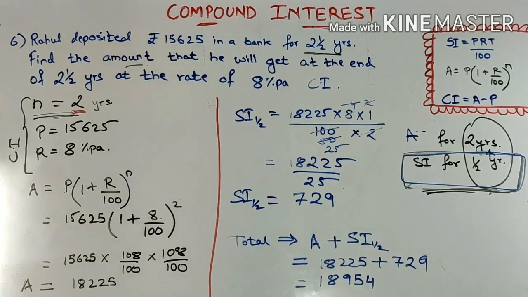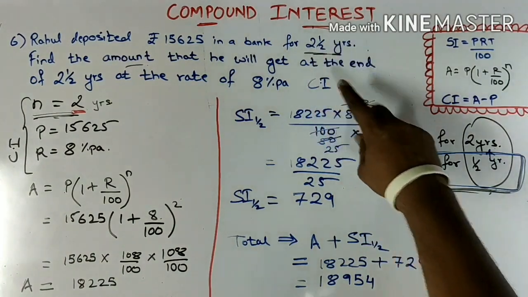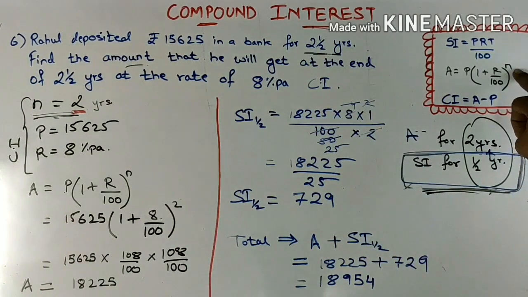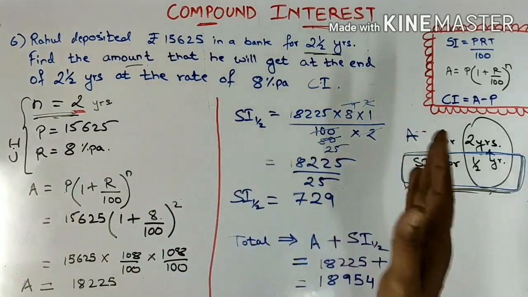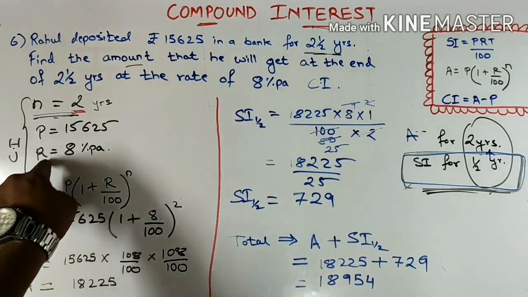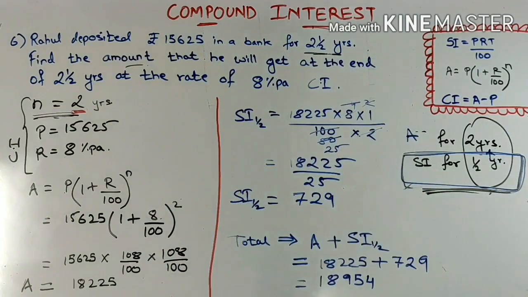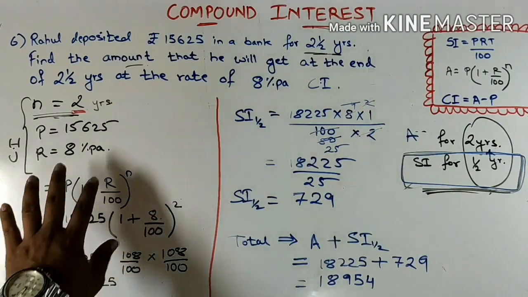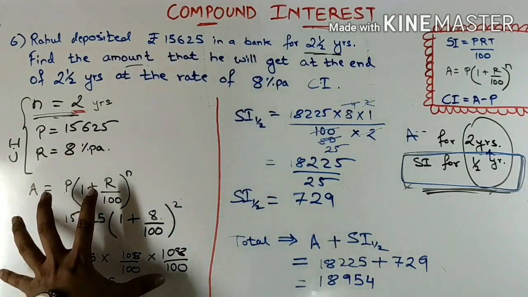Revising this sum again, since it was 2.5 years and writing 2.5 in the exponent will be impractical, we divide the whole sum into two parts. We will find compound interest for the first 2 years and simple interest for the later half year, and instead of finding compound interest, we will find the amount for the first 2 years.